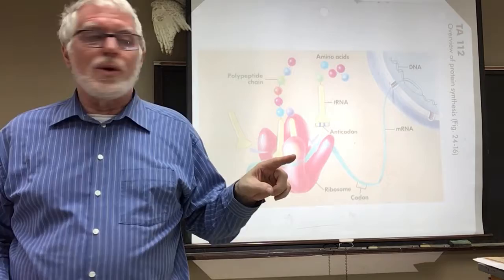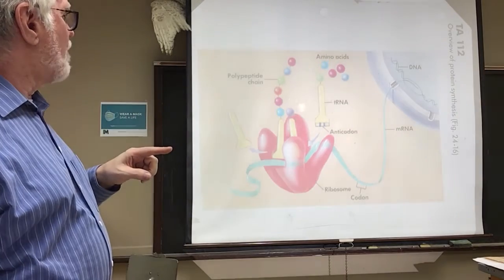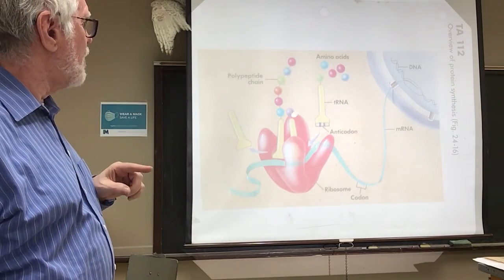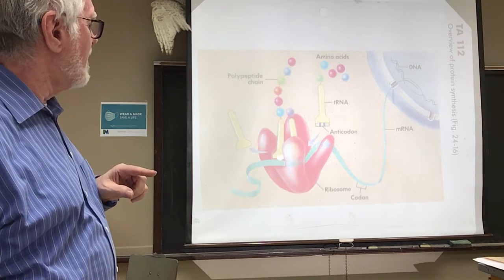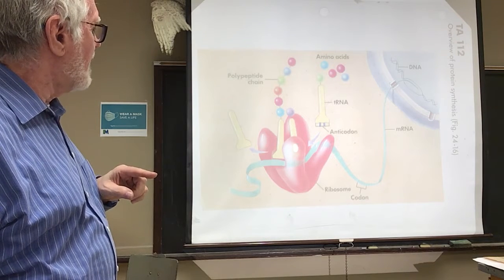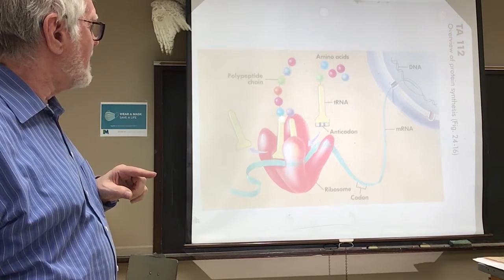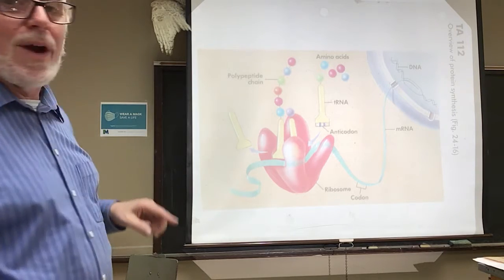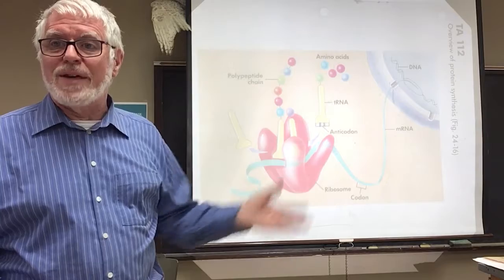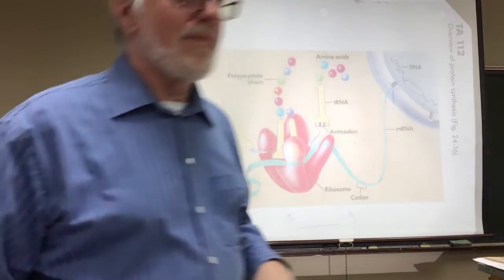As this feeds through, it brings the amino acids close to the next one that's attaching. This connects here, this releases here, and this comes off to grab another of the same amino acid and be available to come back in.